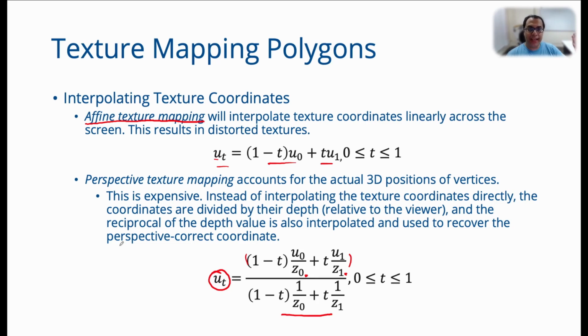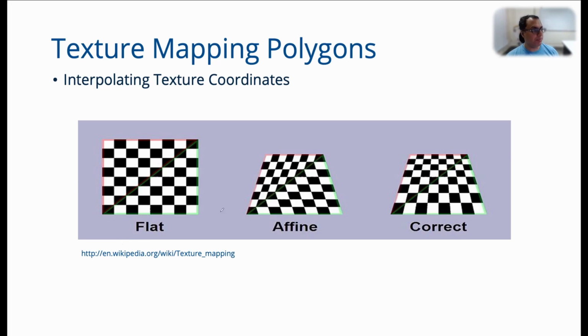And you are taking a section of that NDCS and that is what you are mapping to your window. But your texture coordinates you applied in WCS. So if you apply the same texture coordinates which were in WCS, but you keep your vertex coordinates in NDCS, then you get this affine texture mapping which is distorted. And the kind of distortion that happens is this.